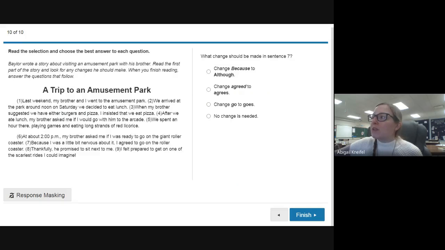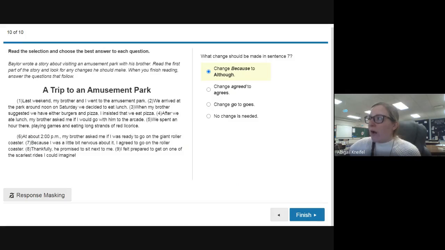And our final question, what change should be made to sentence 7? Because I was a little nervous. Wait, sorry, let me try that again. Because I was a little bit nervous about it, I agreed to go on a roller coaster. All right. So that because is a little bit silly. Like because you were nervous, you decided to go on one. That just doesn't make sense. So we're going to say it's not no change needed. Should it be changed because to although?